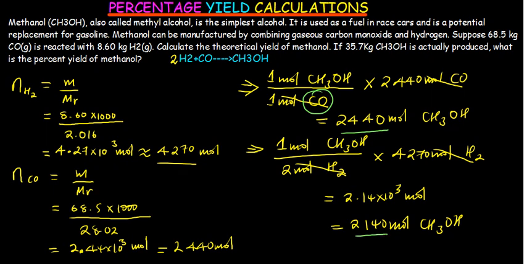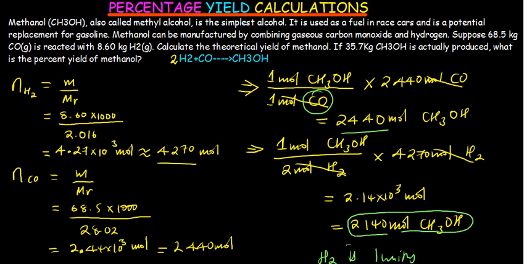When you use this method to determine the limiting reagent, you consider the smallest moles of product, and in this case, this is the smallest. Therefore, hydrogen is the limiting reagent, and the moles of methanol that are going to be produced is 2140. You always get the smaller one.